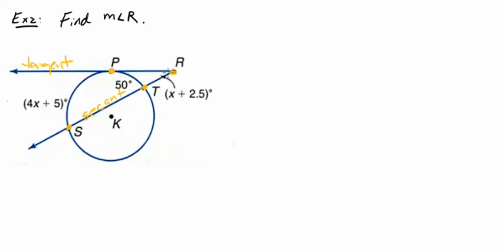And now we want to try to figure out what's going on. Well, these two intersect at R, and R is outside the circle. Okay, so we're going to use the same theorem that we just used in the last example. Okay, if a secant and a tangent intersect outside of the circle, then that angle, angle R, is equal to half the positive difference of those two arcs. Okay, so now let's just fill in the pieces here.